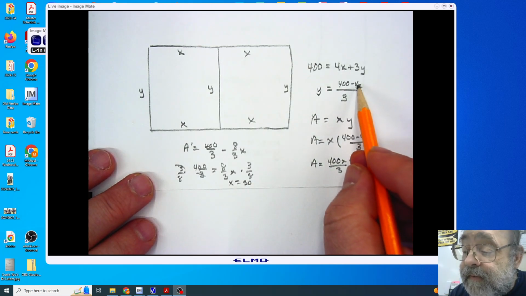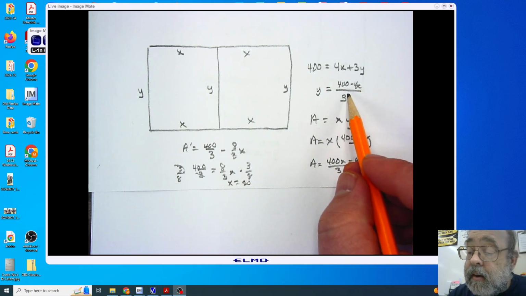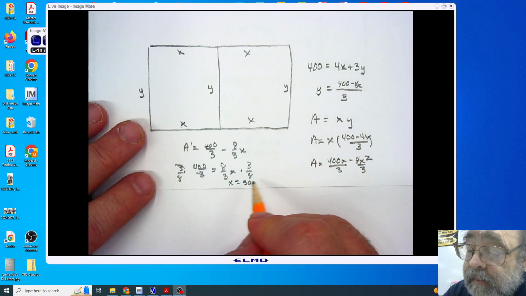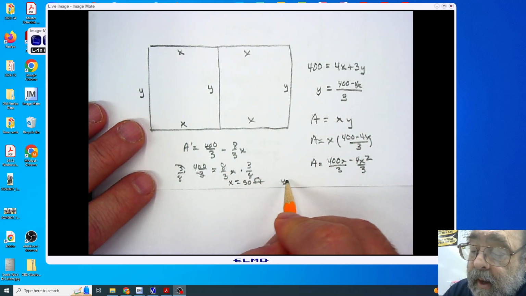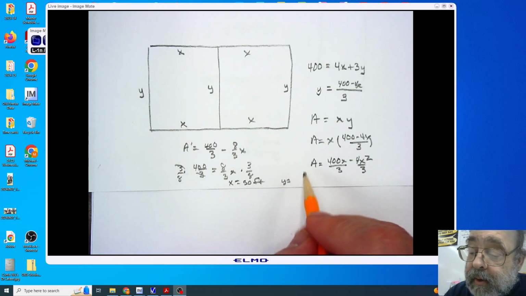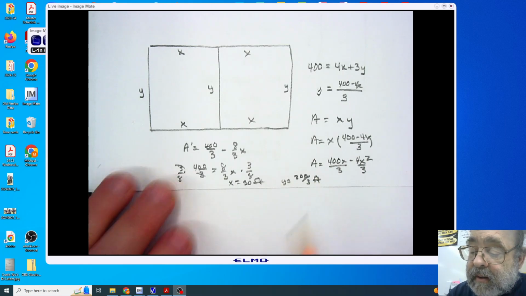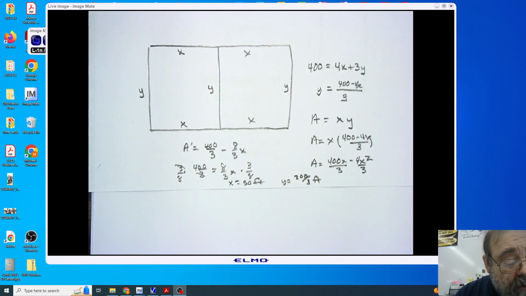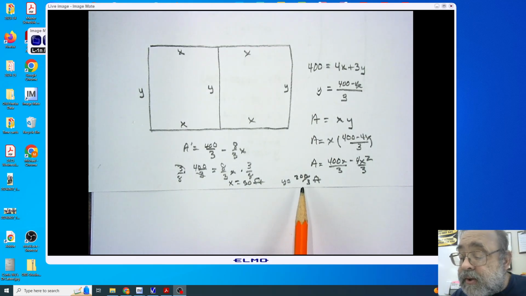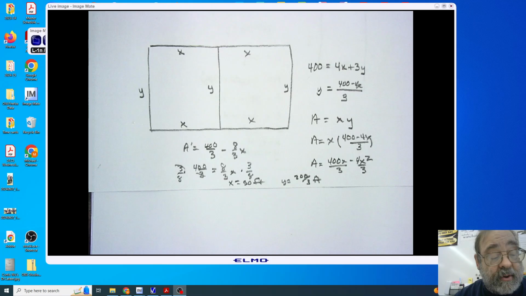If x equals 50, I can put that in right here, and I will find that y has to be 200 divided by 3. And this is in feet. So my dimensions are 50 feet by 200/3 feet. And I would then put this into a sentence.